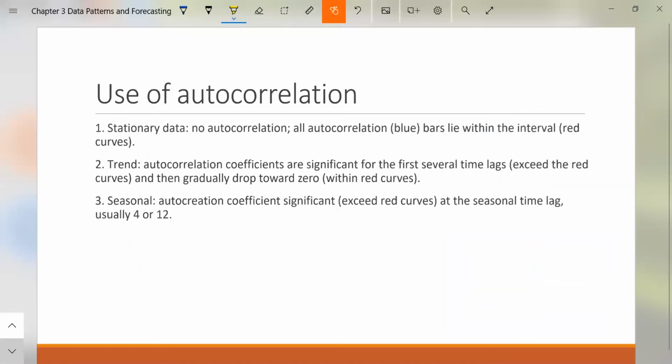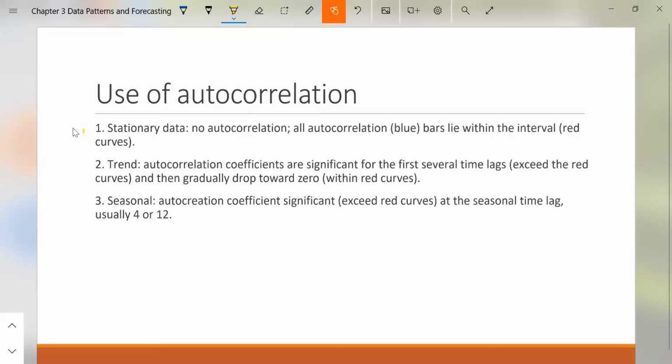Now, after introducing the basic idea of significance and testing of autocorrelation coefficient, we can use it to make judgment. We need to know the pattern we're looking for to determine whether our data have trend, seasonal component, or our data is just stationary, in other words, random.